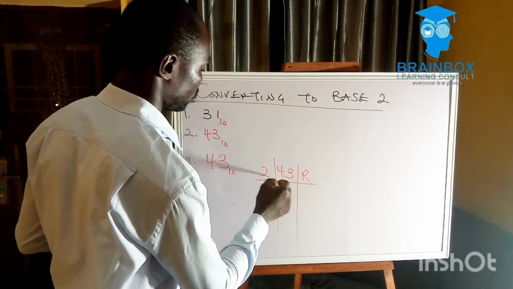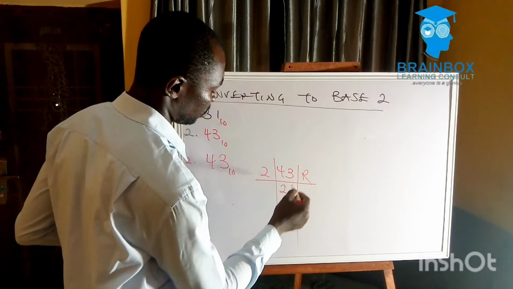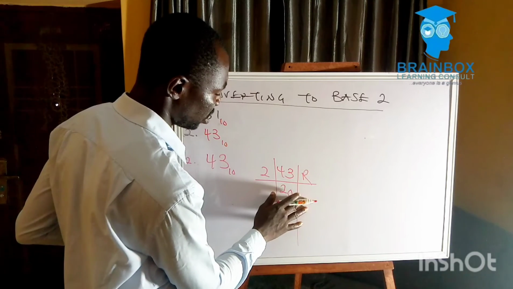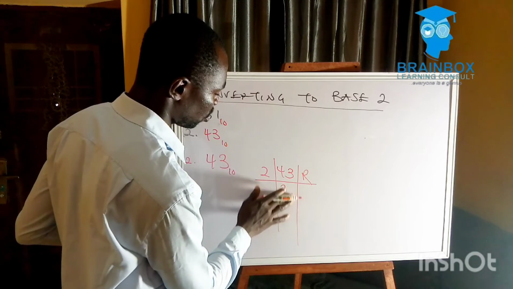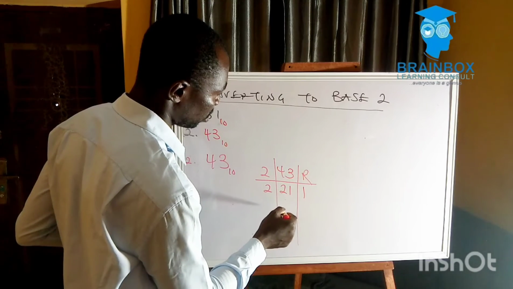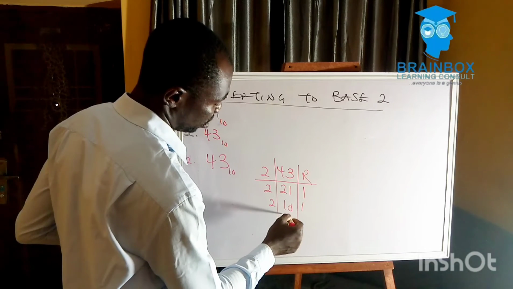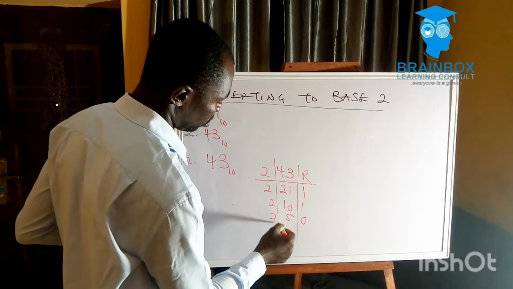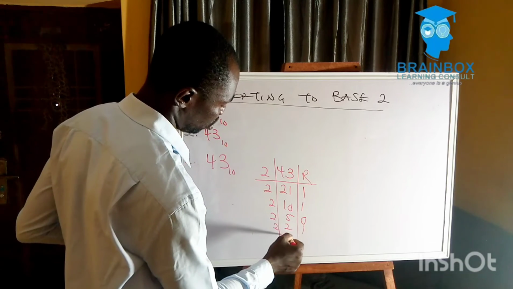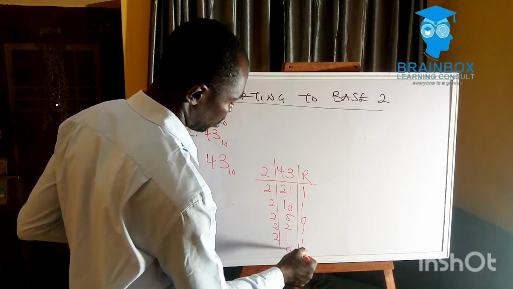Your remainder, that's 2. 2 into 43, that will be 21, and that 1. 2 into 21, that's 10, and that 1. 2 into 10, that's 5 and 0. 2 into 5, 2 and 1. 2 into 2, 1 and 0. 2 into 1, that's 0 and 1.